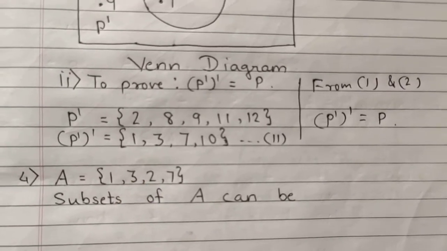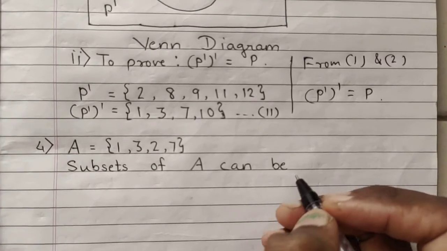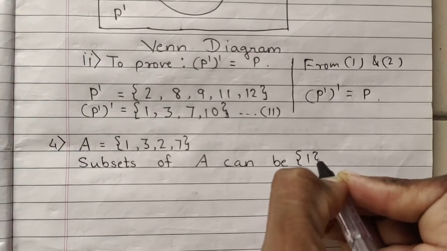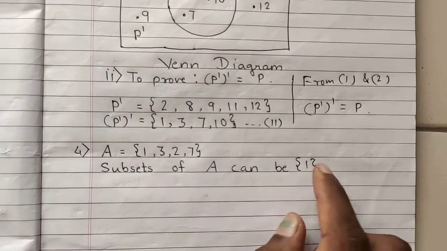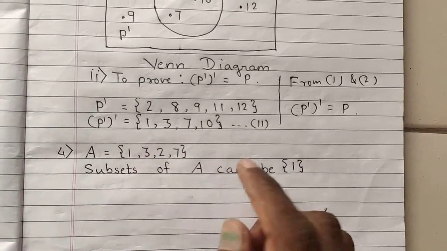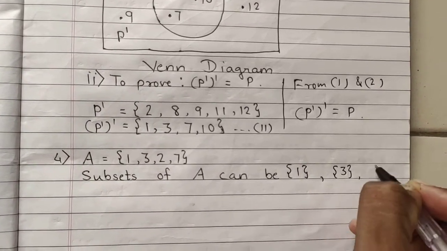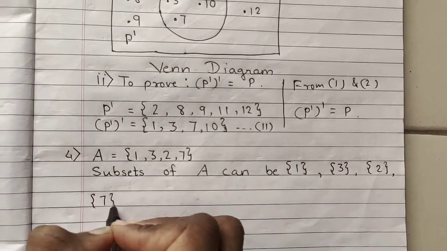Okay, let me write few example. Suppose I am writing a set which contains only one element. Let it be 1. Now tell me, is it subset? Yes, because this set is coming from this set. Okay, similarly I can have one more set like 3, or I can have 2 only, or I can have 7, right?